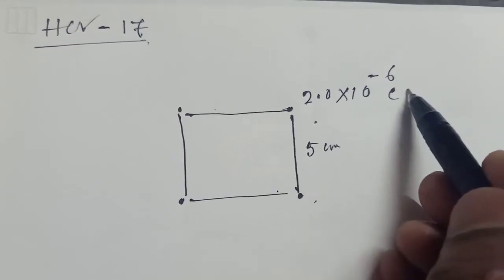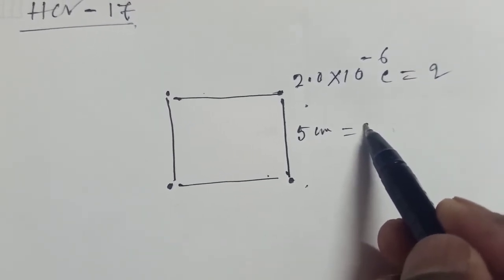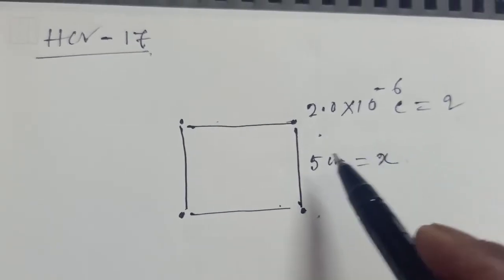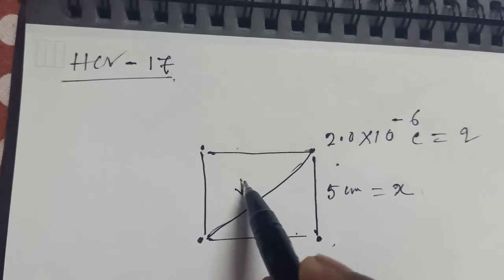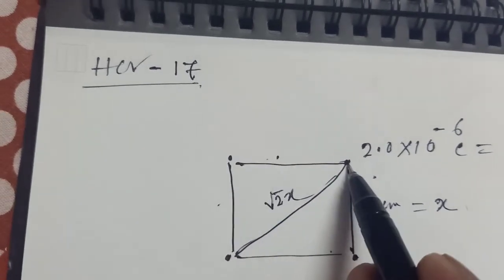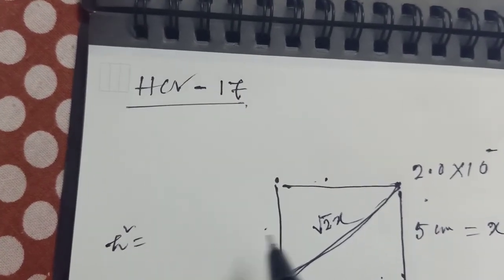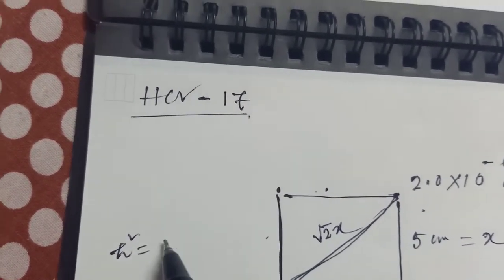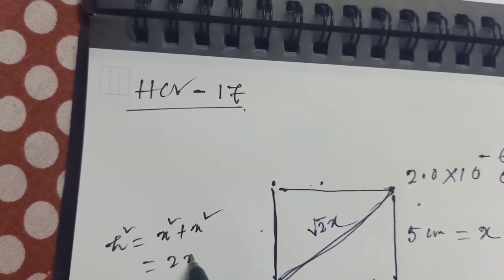So this one we take charge q, and the distance is x, so the diagonal is root 2 x. Since this side is x, the hypotenuse square equals x square plus x square, or 2x square.